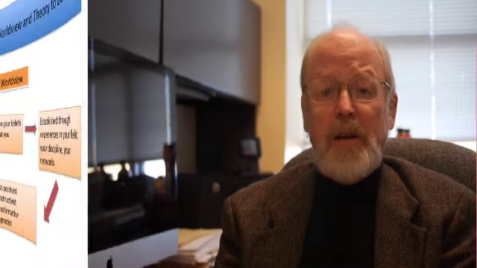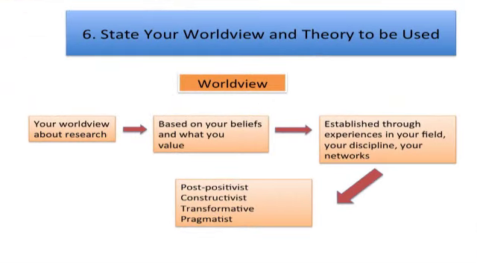The next point would be to state your worldview and the theory that you plan to use. Now the worldview gets us into a little bit of philosophy. People bring to the research project a particular worldview, which really consists of a set of beliefs and what they value in terms of research.